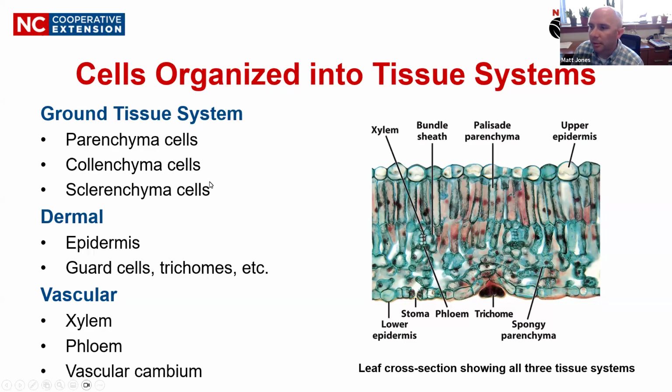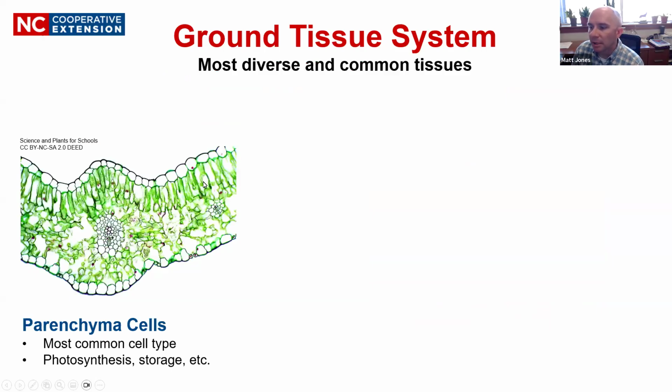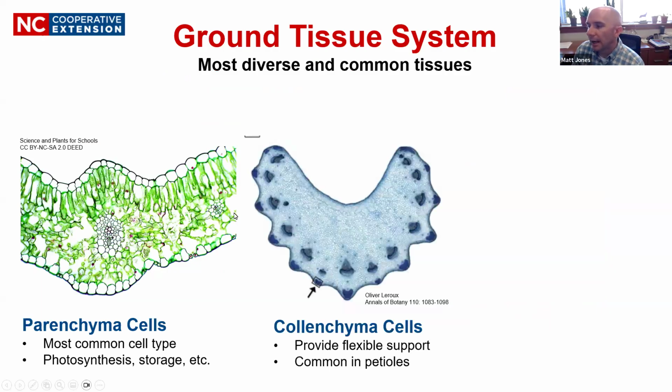So within the ground tissue system, there are three cell types: parenchyma cells, which make up the majority of the plant's body. So most of what is a plant are different kinds of parenchyma cells. They're soft and squishy, often photosynthetic, but have very diverse functions depending on where they are in different kinds of organs. Collenchyma cells are modified cells that have extra reinforcement with really long fibers that provide strength but flexible support.